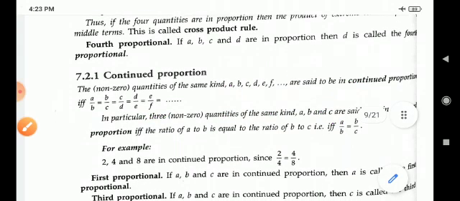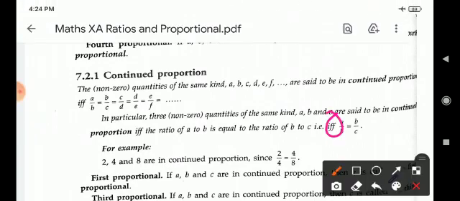In particular, three quantities of the same kind a, b, c are said to be in continued proportion if the ratio of a to b is equal to the ratio of b to c, if and only if a upon b is equal to b upon c.